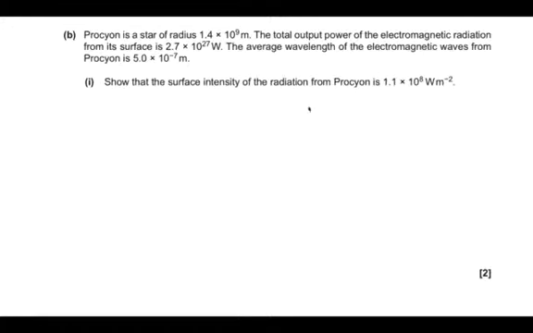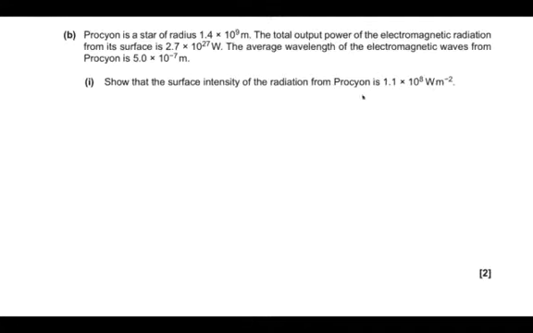Show. And it actually gives you the numerical answer. So what you need to do is clearly show that you understand where this number comes from. Clearly show the examiner by writing in a way that shows them that you understand where this number comes from.